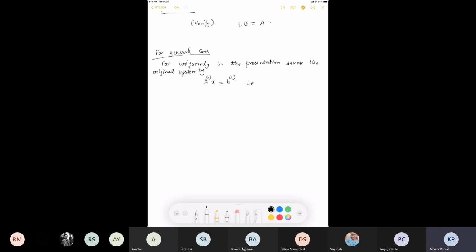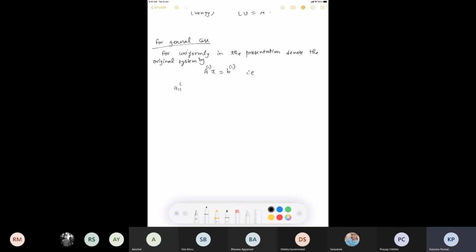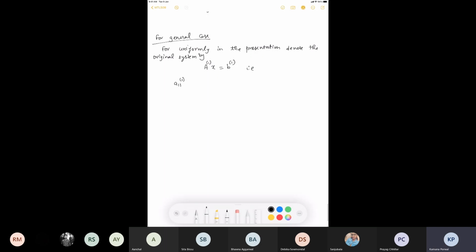That is, my coefficient matrix here is going to be having the component as Aij with the superscript as 1. So we are going to have the equations as this.